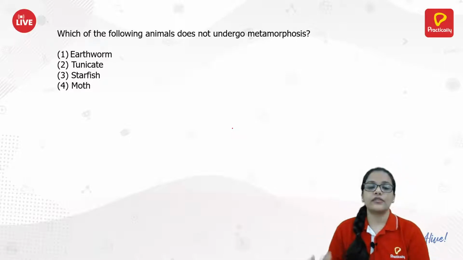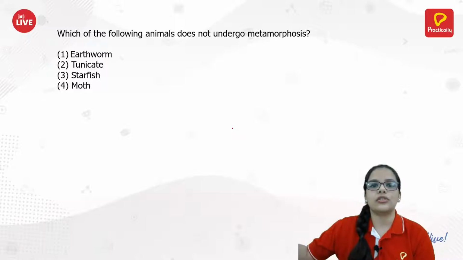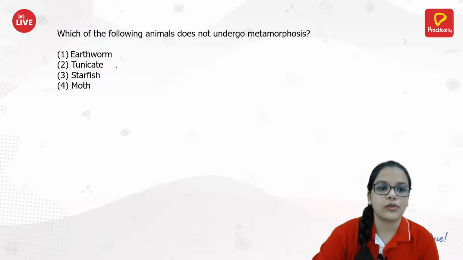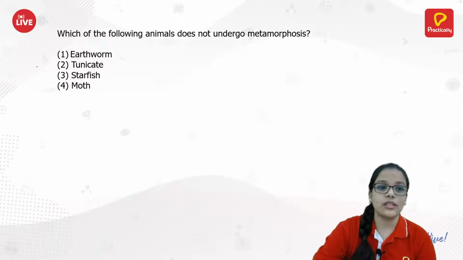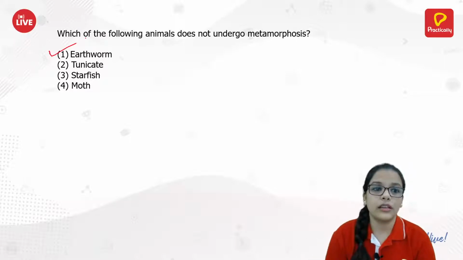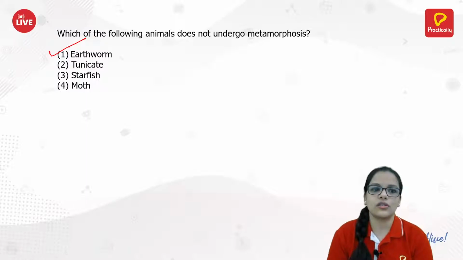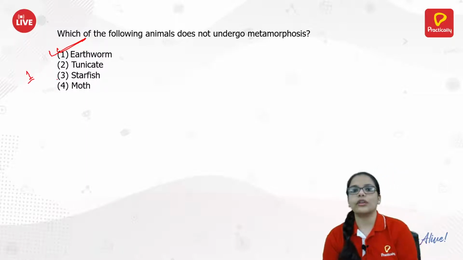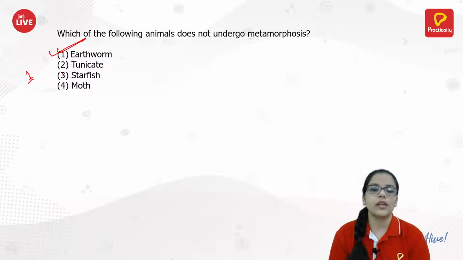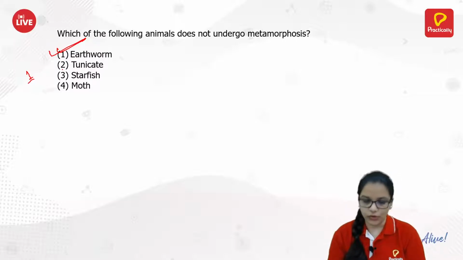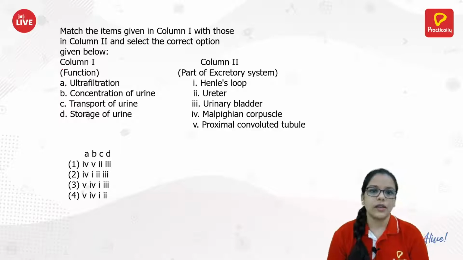So that kind of change in the body structure in each different part of life is known as metamorphosis, and that is mostly not seen in earthworm. It does not change its structure. Tunicate, starfish, moth, for sure they all go through metamorphosis, but earthworm does not.